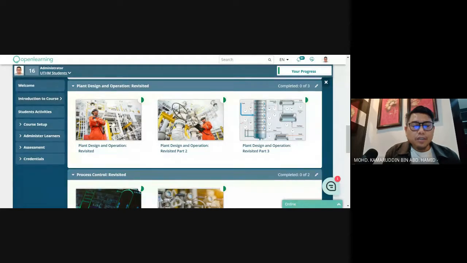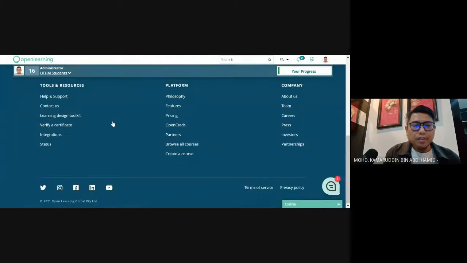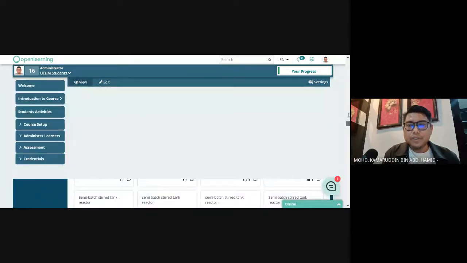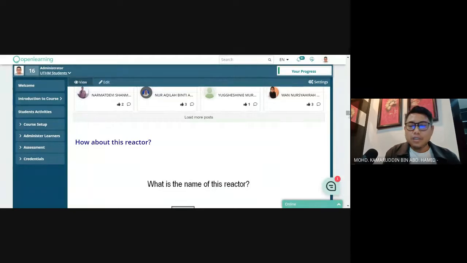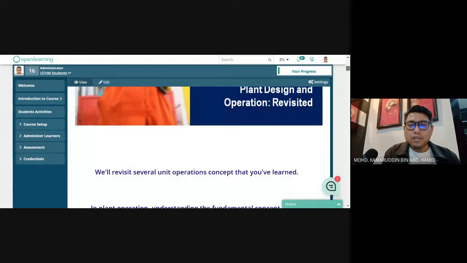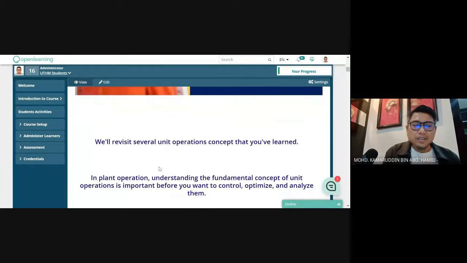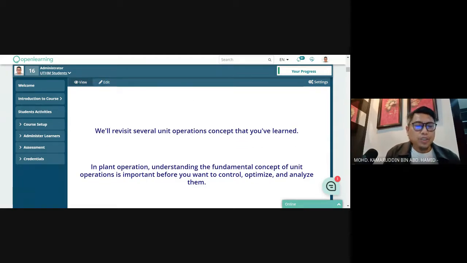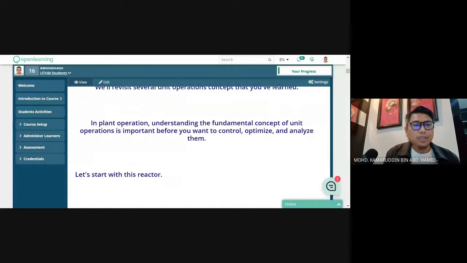Okay, so let's take a look back on this plant design and operation, especially on the reactor. Kita tengok balik. Okay, ramai juga yang masih lagi tak beberapa penamaan. This is just about the naming. How that you differentiate between the unit operation with another unit operation.